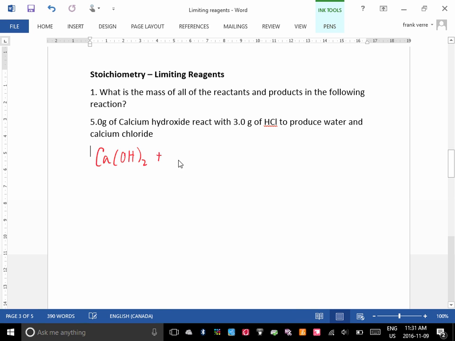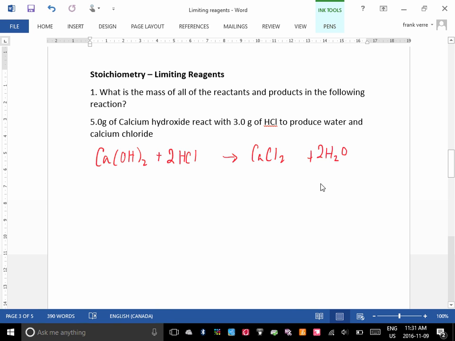And that reacts with hydrochloric acid, and that's going to give you calcium chloride and water. Okay. Is it balanced? No? Okay, so let's balance it. So we're going to put a 2 here and a 2 here, and now it should be balanced.